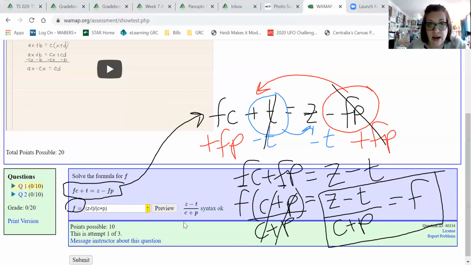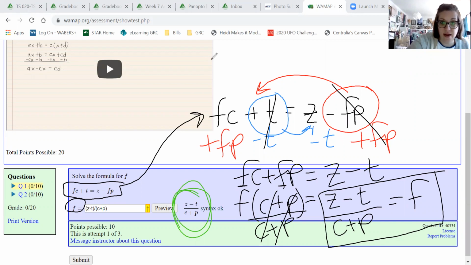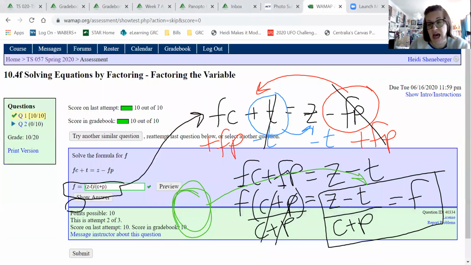I want to make sure that my preview right here looks exactly the same. Does my preview look exactly the same as this thing? And it does. So then I'm going to say submit. And we got it right. Woohoo! Clear as mud, probably, right?